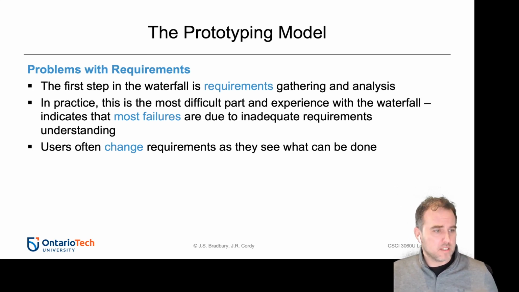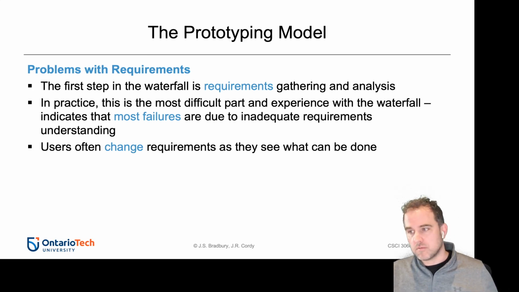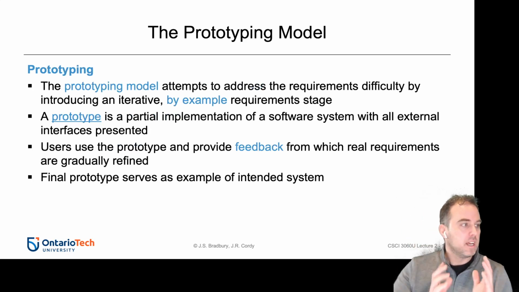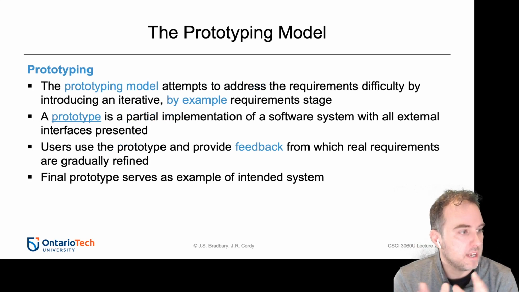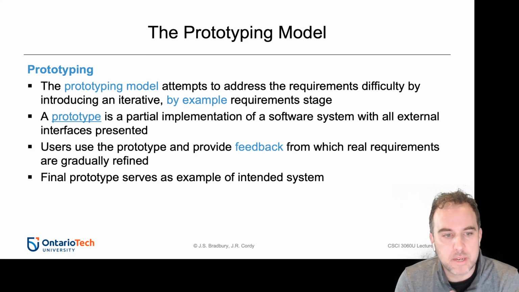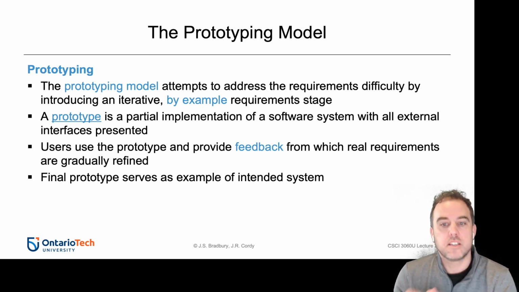Often they were missing, or misunderstood, or they changed over time. The prototype model tries to address this issue by building a partial implementation, or a prototype, early in the process that allows for feedback on the requirements and allows them to be redefined.